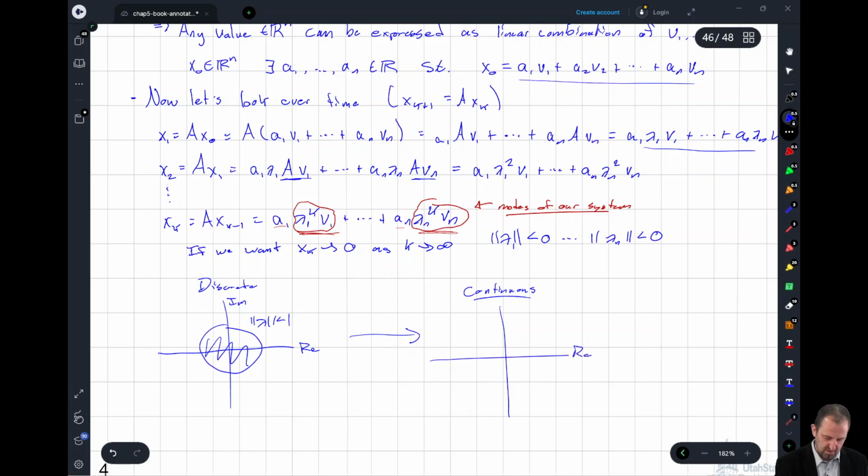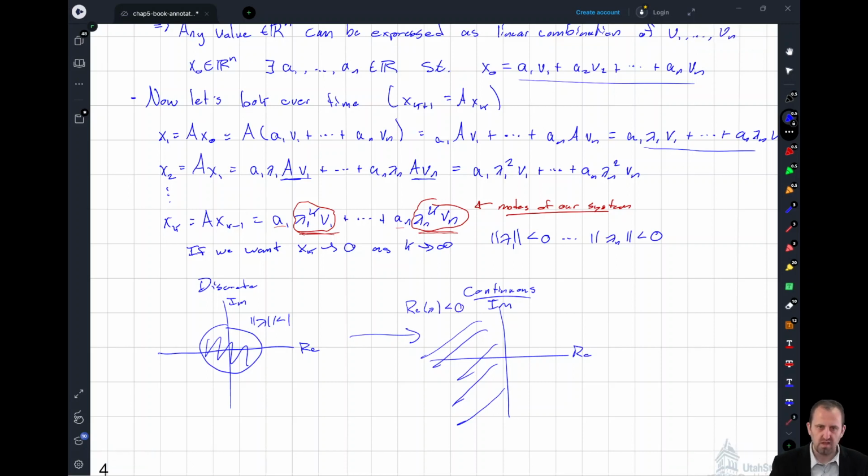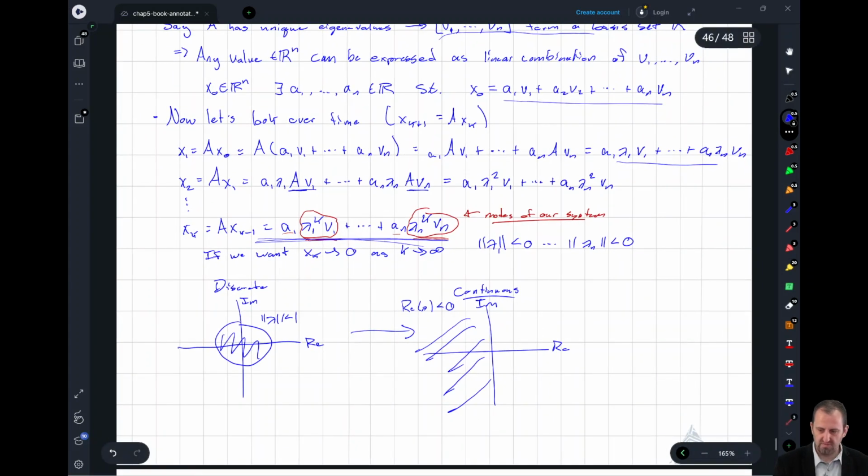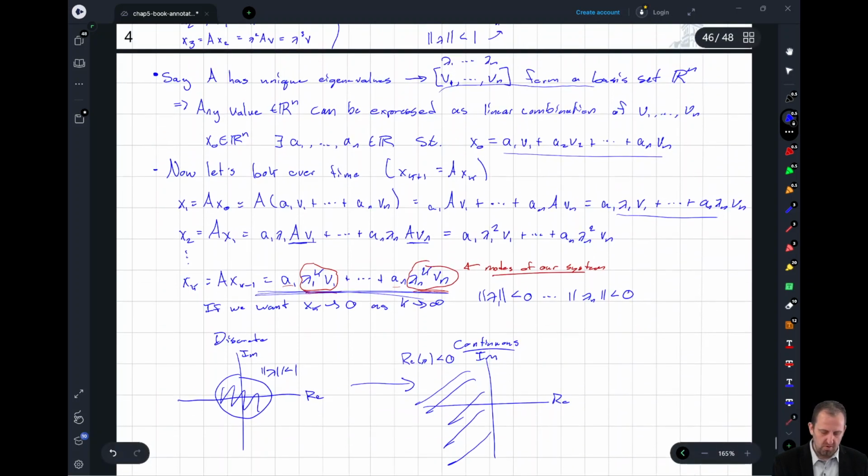So the real part of our eigenvalue must be less than 0. But regardless, our modalities end up staying the same. Our system evolution is still just a linear combination of our original eigenvectors. So that's what it means to be a mode of our system.